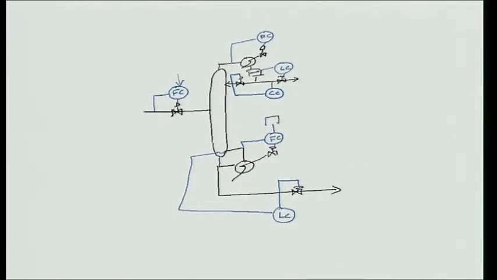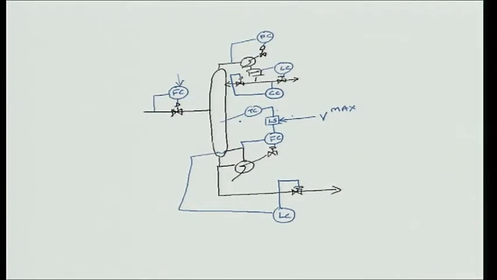This boil up cannot go beyond a Vmax, a maximum boil up, because beyond this boil up the column gets flooded, and then what I have is a low select, and my temperature controller is setting the boil up. Now, if the temperature controller is asking for a boil up that is beyond the flooding limit, that means the temperature controller output is beyond Vmax, then the lower of these two signals gets selected, and now temperature control is lost.